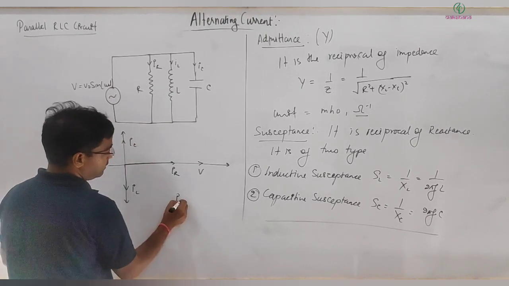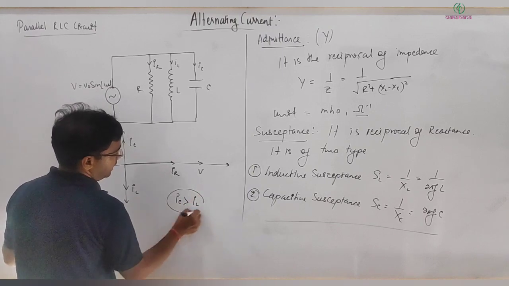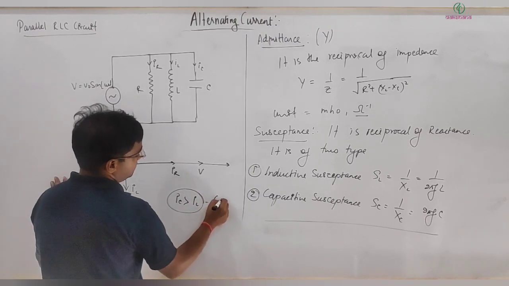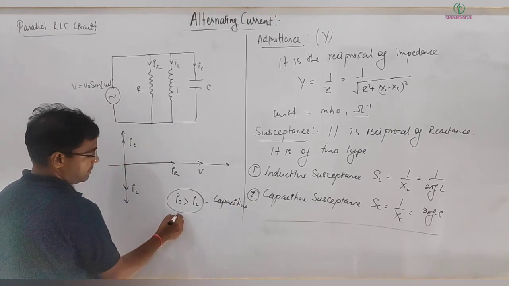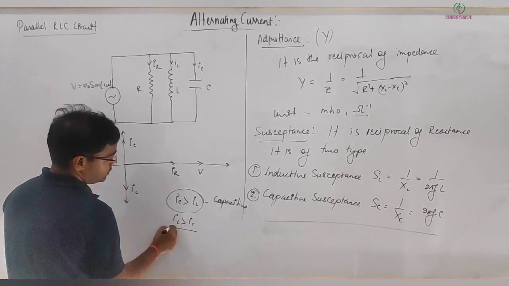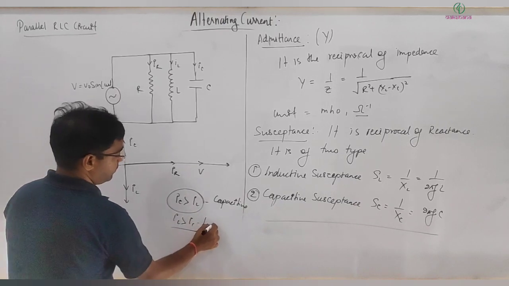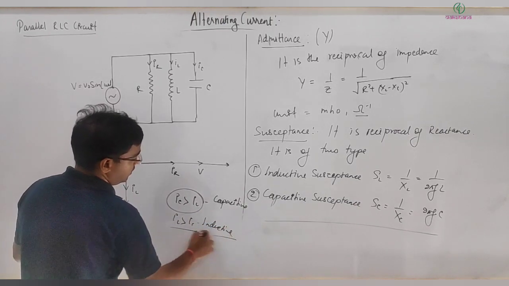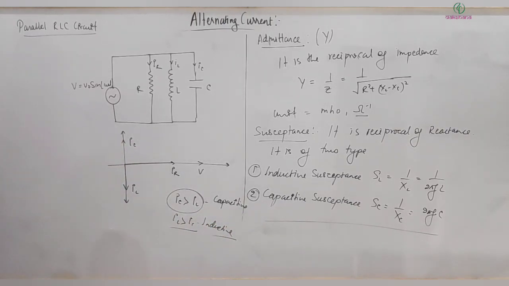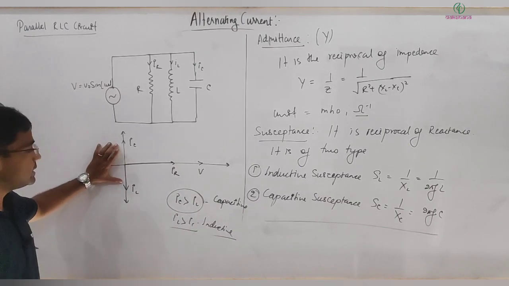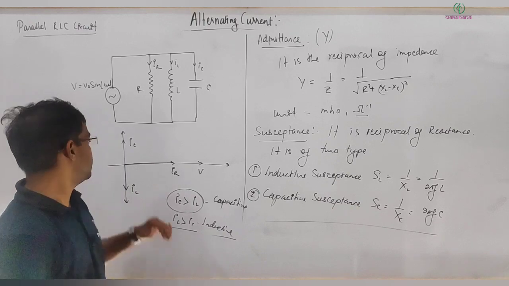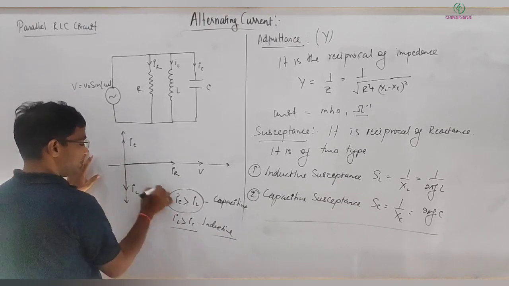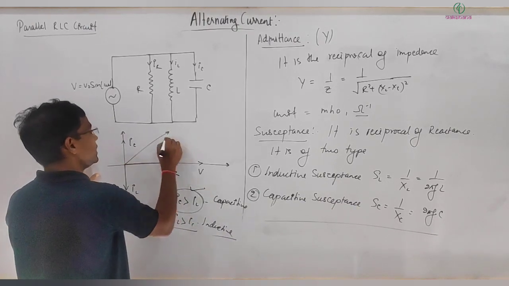Here also it may be possible that IC is greater than IL, so it will be effectively capacitive, and maybe IL is greater than IC, so inductive. All right. So in this situation, we got all these things. Voltage will be in the same phase, but currents will be different.